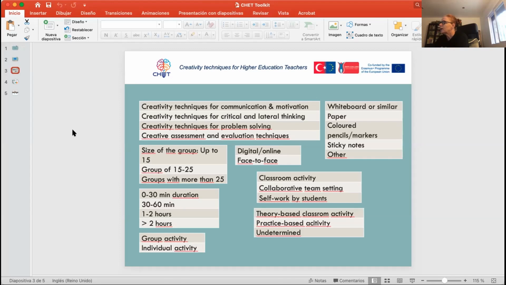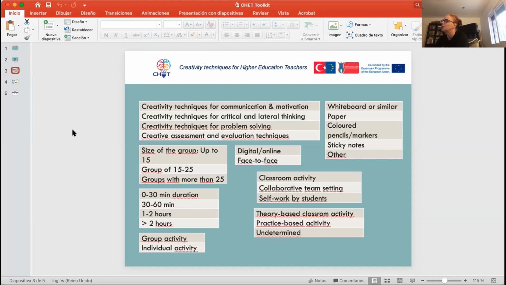We also identify the duration, which is not a condition. It's, let's say, a recommendation based upon the experiences we had with the different techniques in which we identify the most appropriate duration.